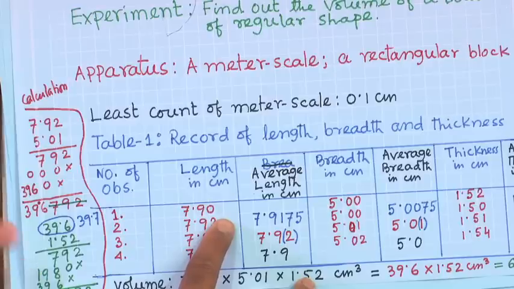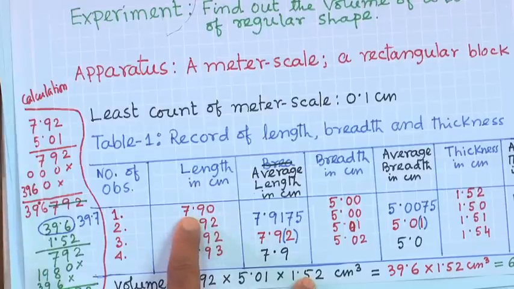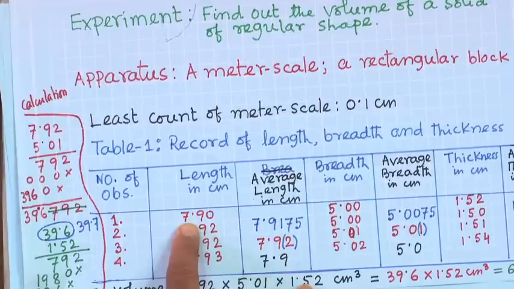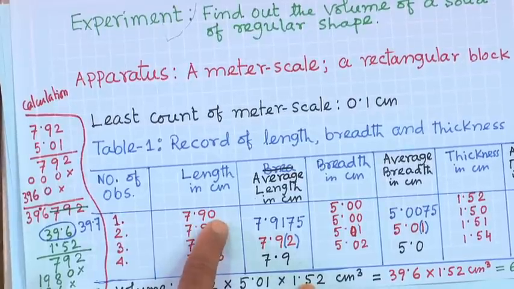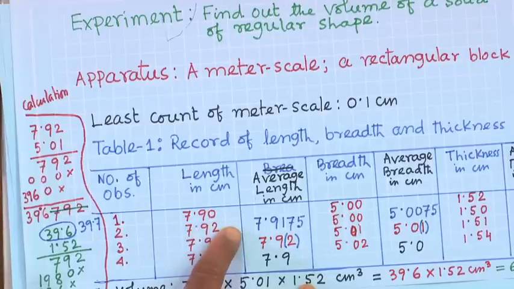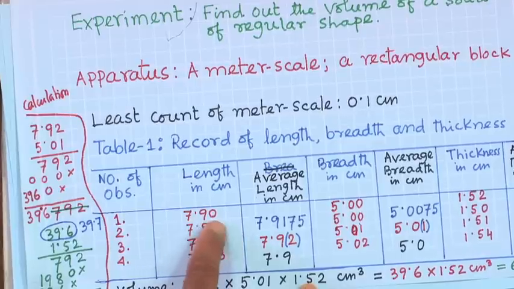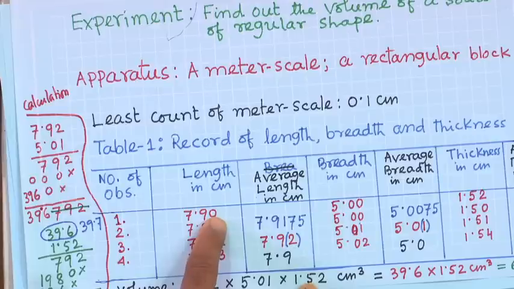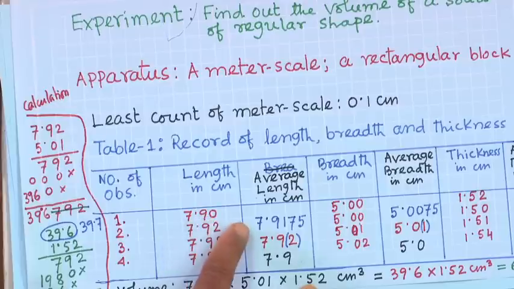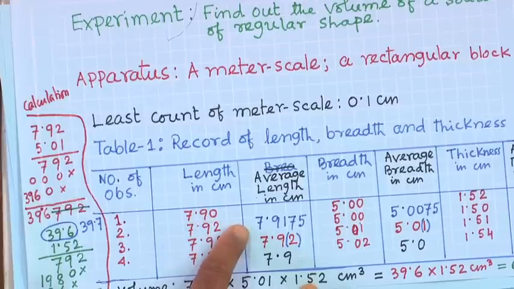Are both the same? Reading wise they are the same, but you see, error-wise the digit is significant. So, 7.9 and 7.90 are not the same. When you write 7.90, you are demanding accuracy up to this last digit, up to 0.01 centimeter, but your least count is 0.1 centimeter.